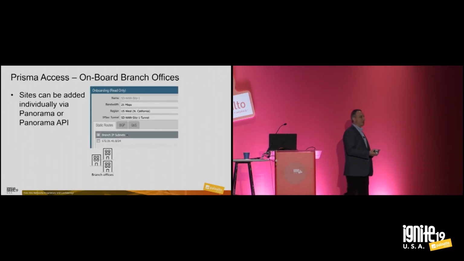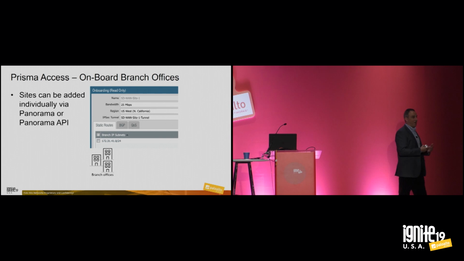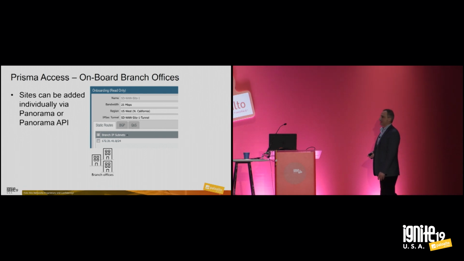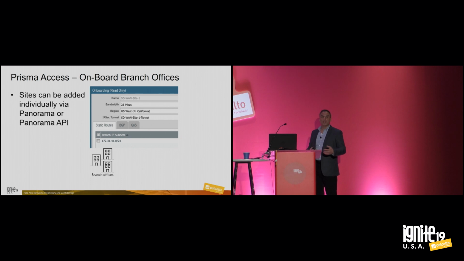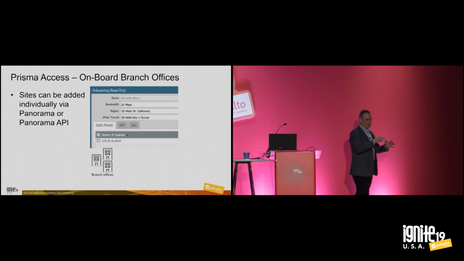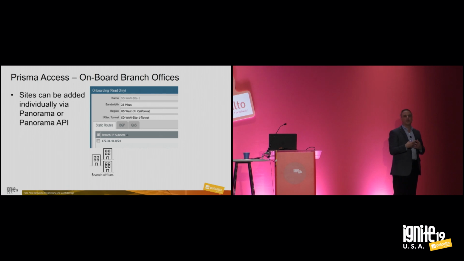So I have certain ways to do this. If I want to do this manually, I can log into my Panorama and manually type in all this information, the site name, how much bandwidth I want to give to it. You saw that pull down on the last screen. I would say which region I want the compute to be in. Generally, you want the compute to be as close to the branch as possible.